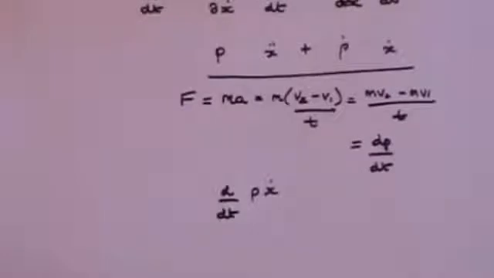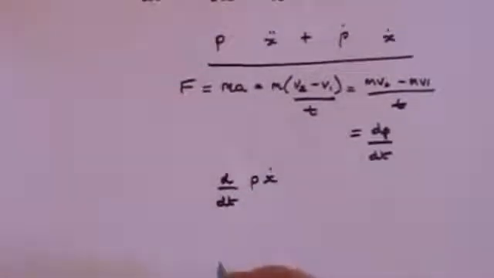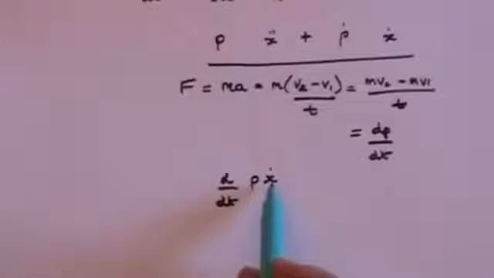Because if you want to do a time differential of a product, you take the first and multiply it by the differential of the second, plus the second multiplied by the differential of the first.